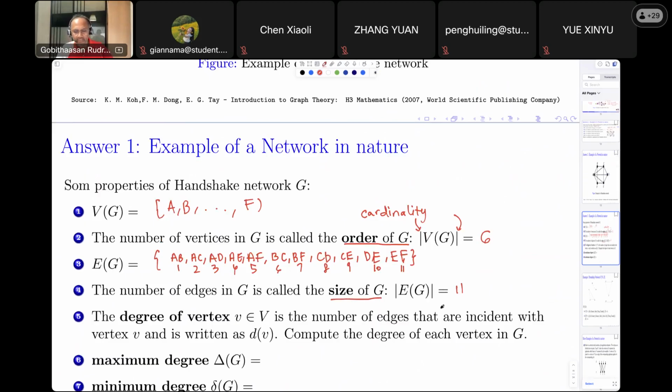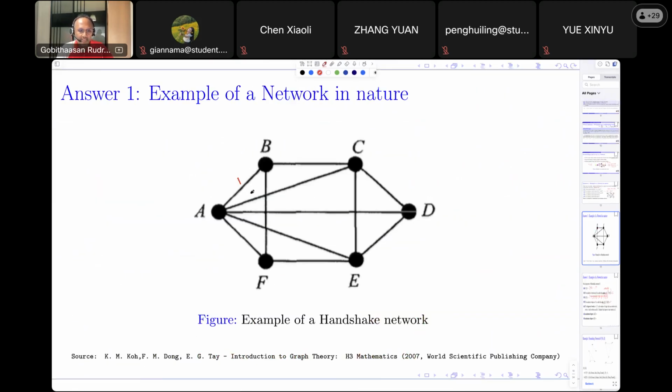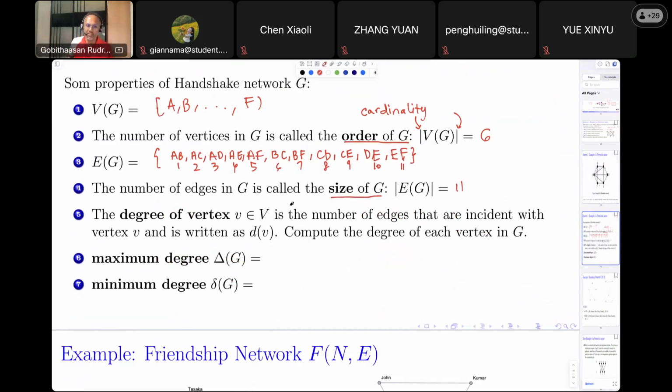That will be the edges in G, or we call it the size of G. Again, just to make sure, you can calculate here 2, 3, 4, 5, 6, 7, 8, 9, 10, and 11. Okay, we already counted this. So there you go. So the size of G is basically the number of edges. The order of G would be the number of vertices.